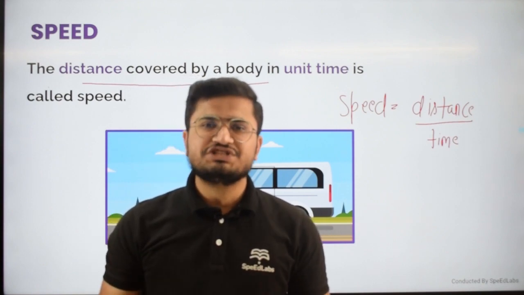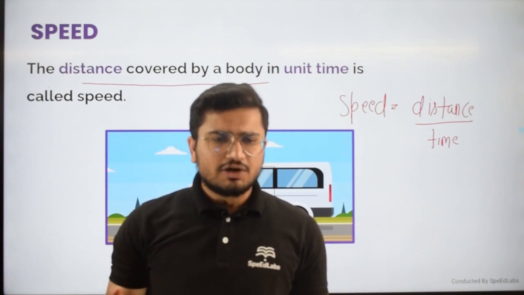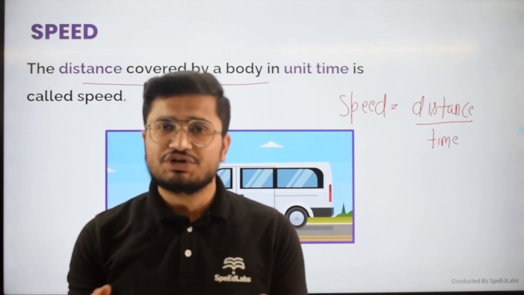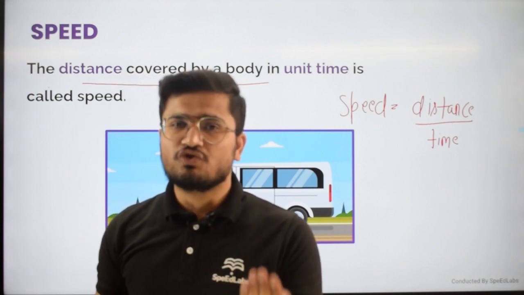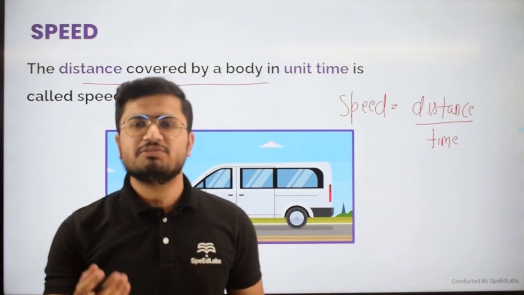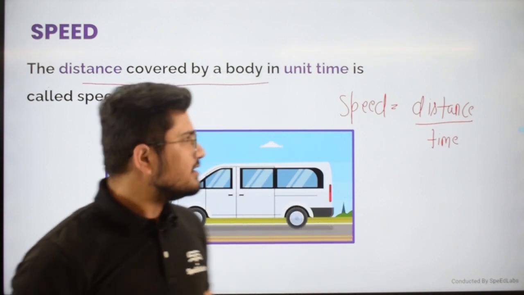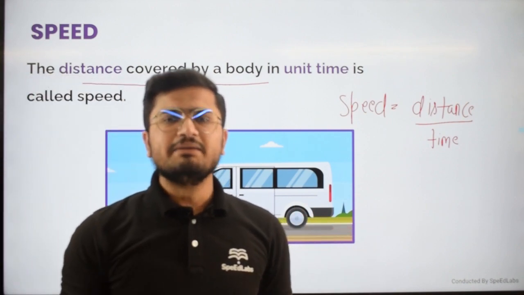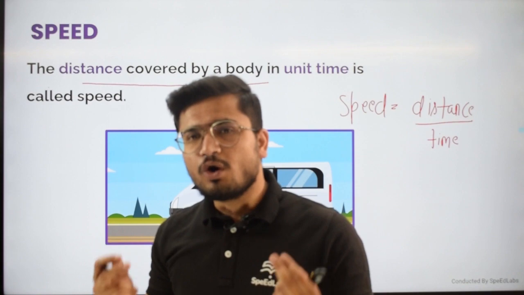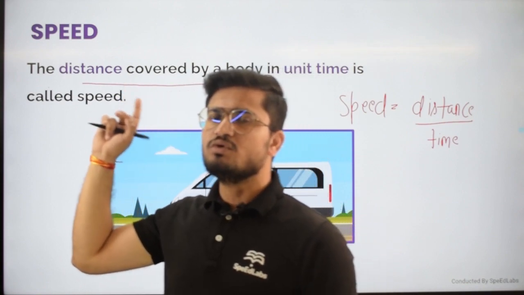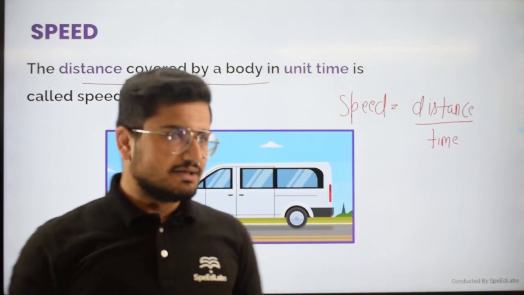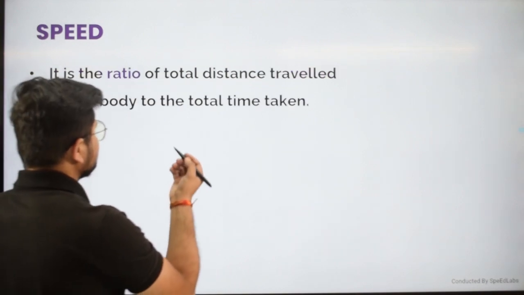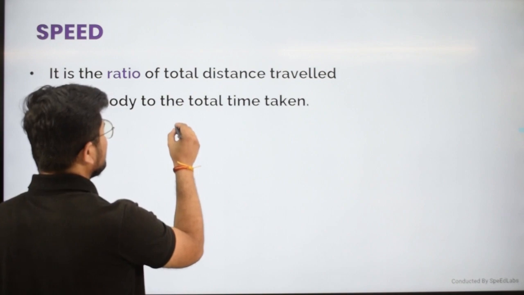But my question is, usually I saw in the classes, when I ask what is speed and what information you are getting from speed and velocity, people say, okay, distance covered by a body in unit time. But my main motive is what information you are getting from these two terms. So let's have a look.